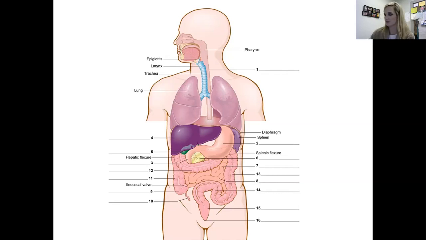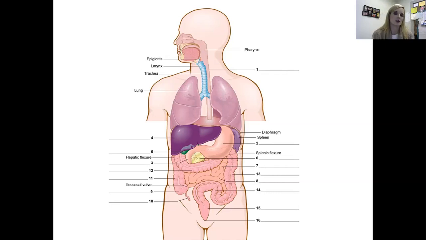Ileum. So that is all the small intestine. That's the next stage of digestion. It's going to move through that small intestine. Now, some people say that they remember DJI to remember the small intestine, and that helps them to remember the duodenum, jejunum, ileum.